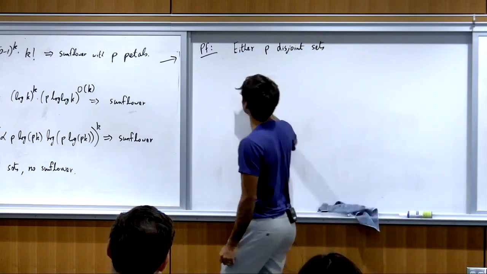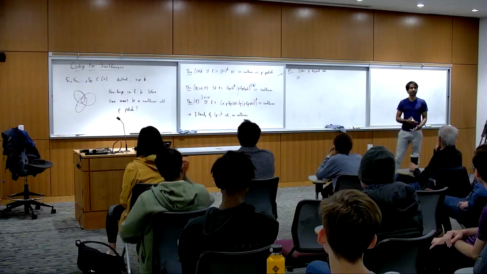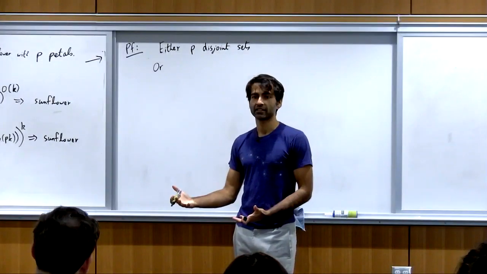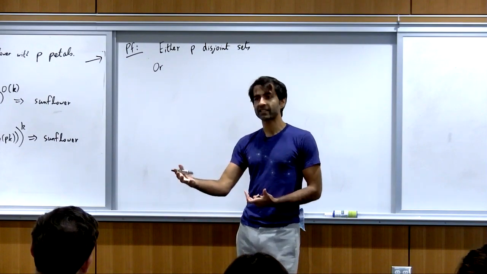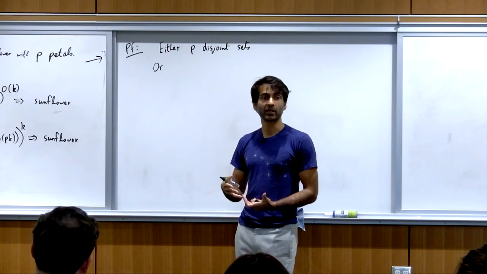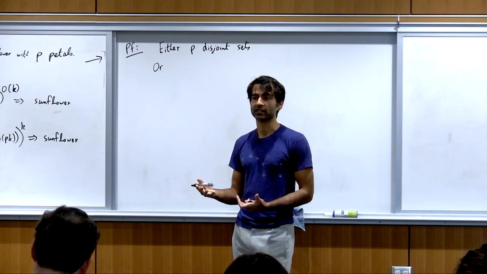or the second case is that at some point your algorithm fails. So at some point you found some number of disjoint sets, and then you can no longer find any other disjoint set. And this is because every set in the family now intersects one of the at most p minus 1 sets that you have so far. That's why you're unable to find a new disjoint set.